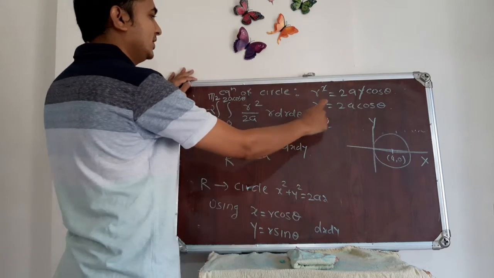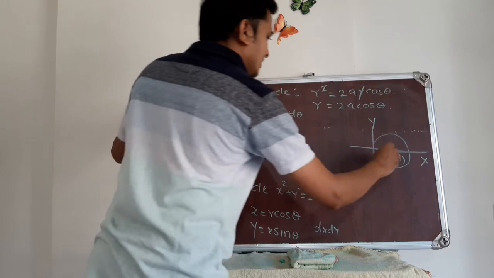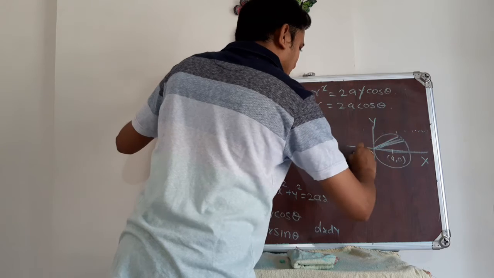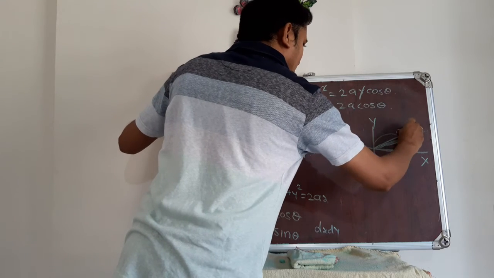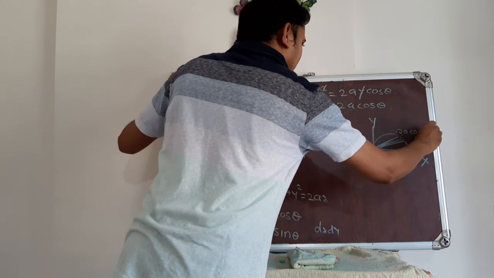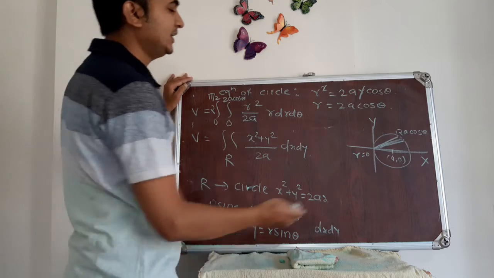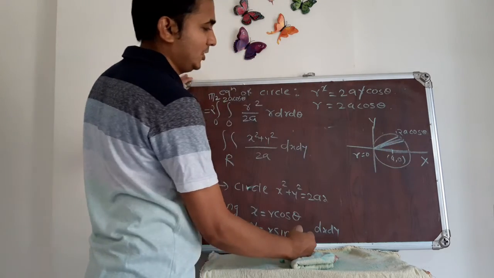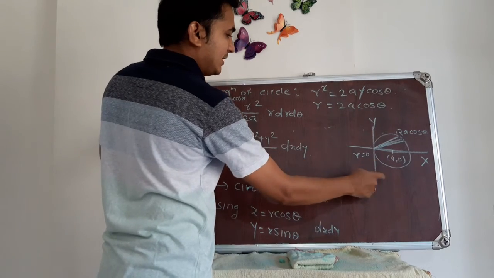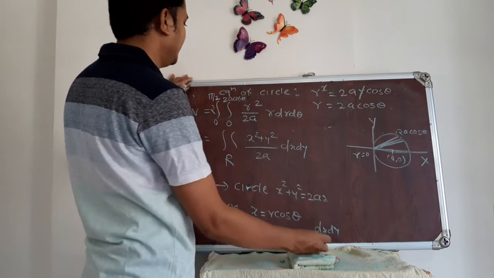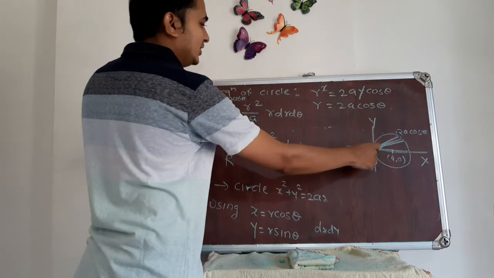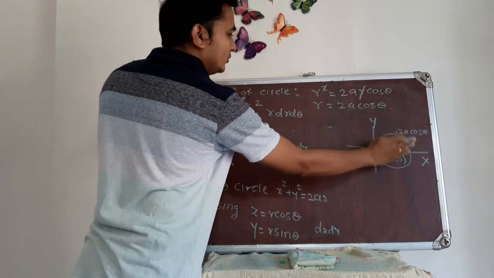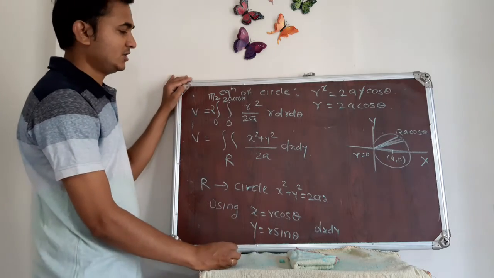So this is your strip. r goes from 0 to 2a cos θ, and the limits of θ are from θ = 0 to π/2, or θ = −π/2 to +π/2. What I will do is make this integration 2 times. So 2 times 0 to π/2 will give you the complete region.